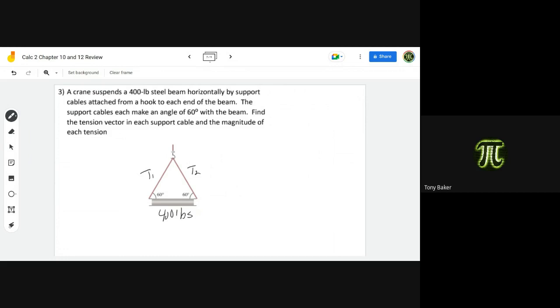So I'm basically looking at how much it's pulling.